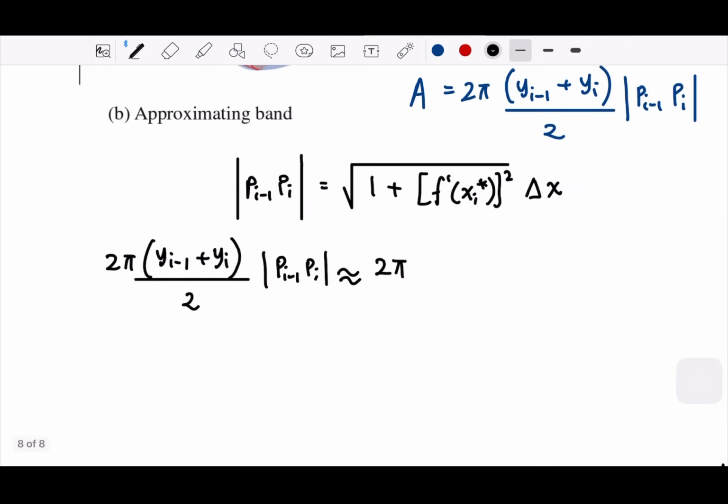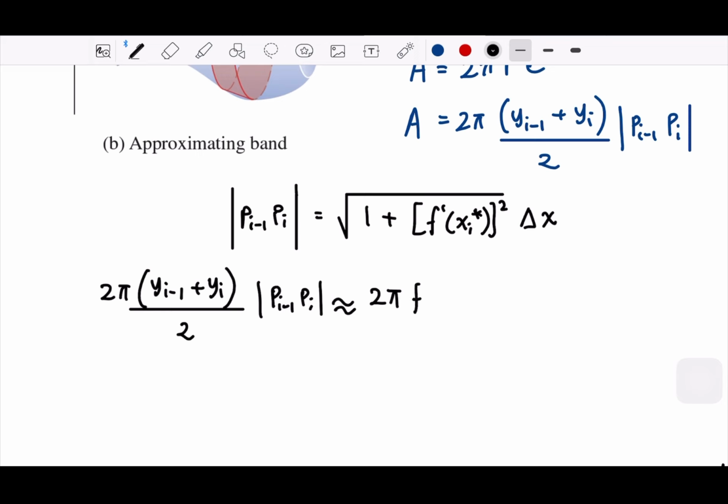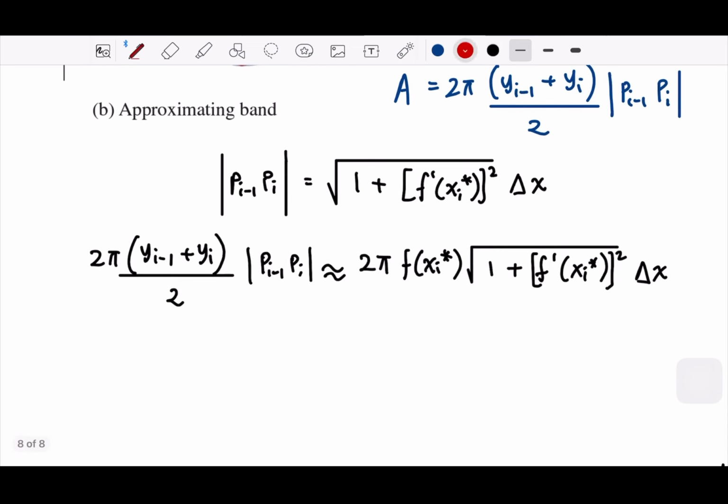So we can write f of xi asterisk, and then take the square root of 1 plus f prime squared, and then delta x. Okay, I think it's almost done. But remember, this is just our one small segment, right?